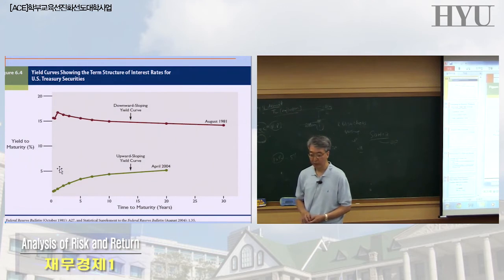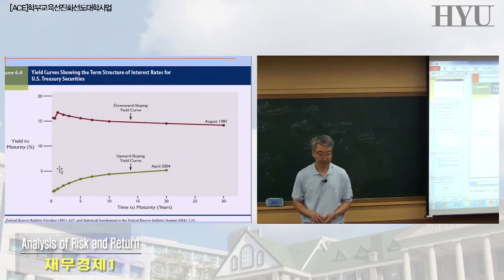Why do you buy then a 3 months Treasury bill? For a short period of money. Yeah, but what I'm asking is, if you buy a 3 months Treasury bill, there is no interest payment, right?